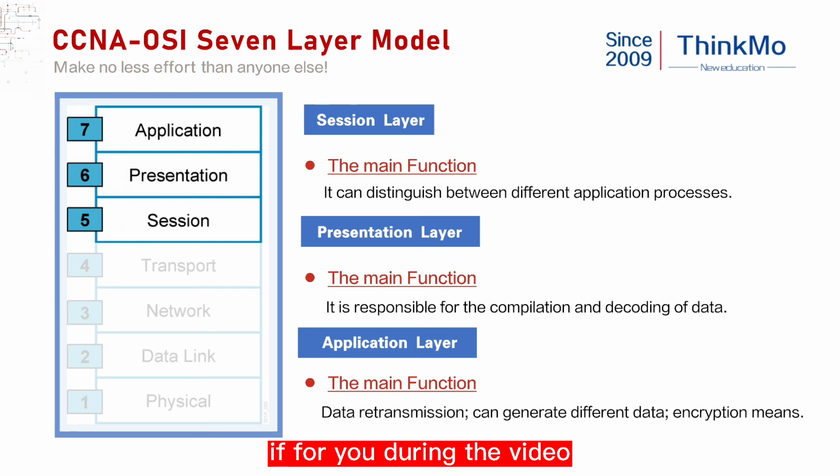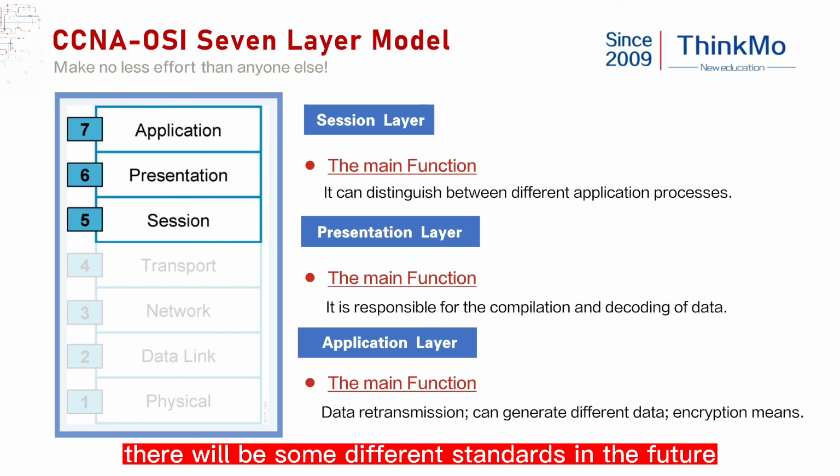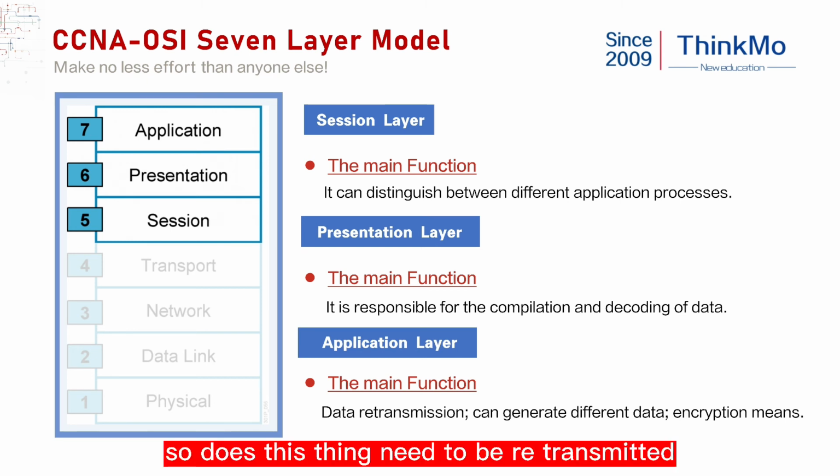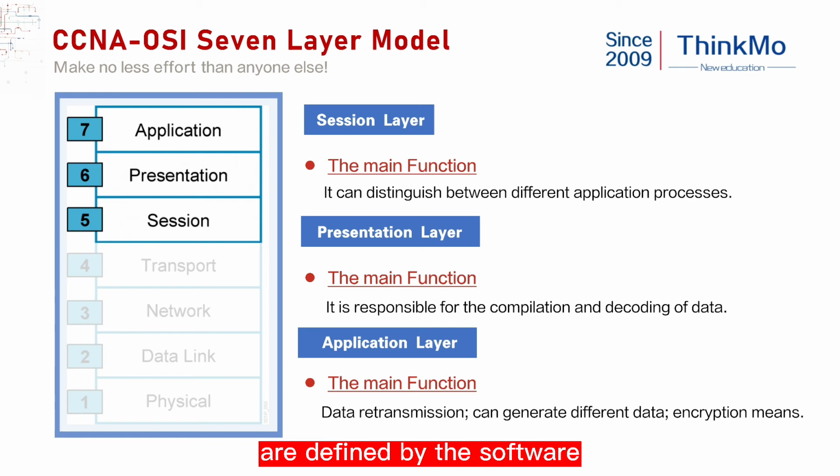If during a video the network gets stuck for a while and the data can't get through, because video is a timely flow, if you lose it, you lose it, and there is no need to retransmit. So different business flows will have different standards in the future. Whether something needs to be retransmitted is defined by the software.